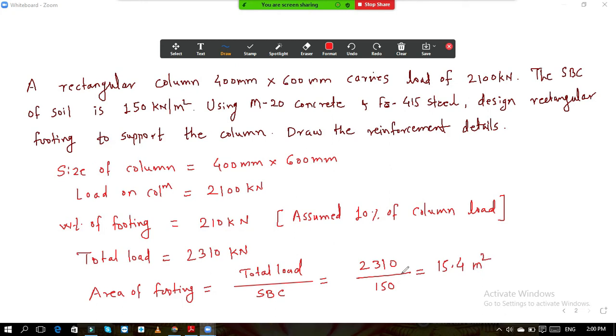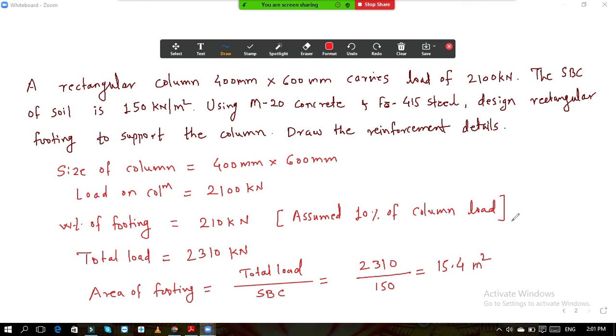It is 15.4 meters square. So now we need to provide the size of the footing. Okay. So the column is 400 mm by 600 mm. So we will assume one of the sides of the footing in such a way that the ratio, if we consider it over here, how much is it?